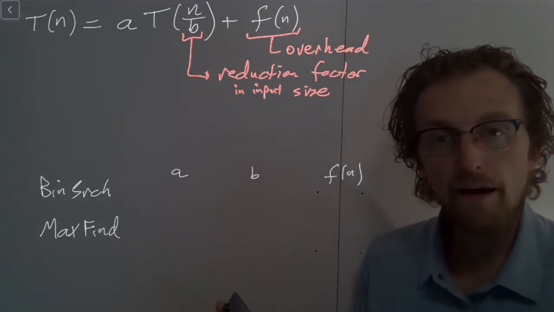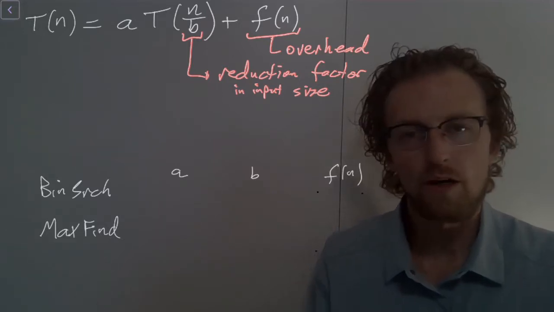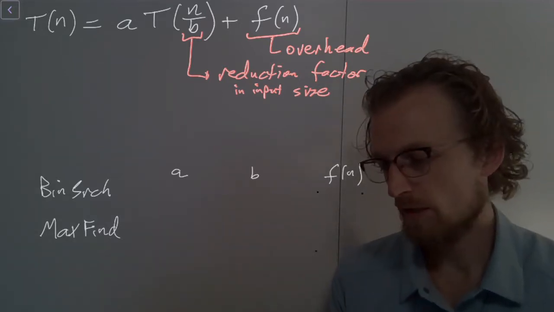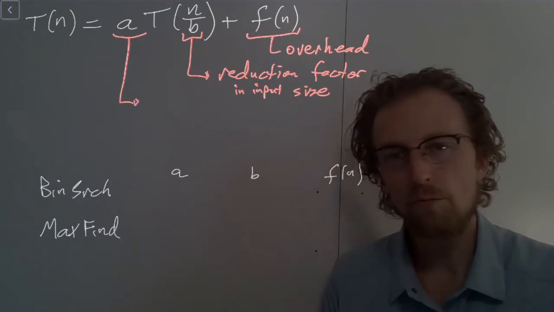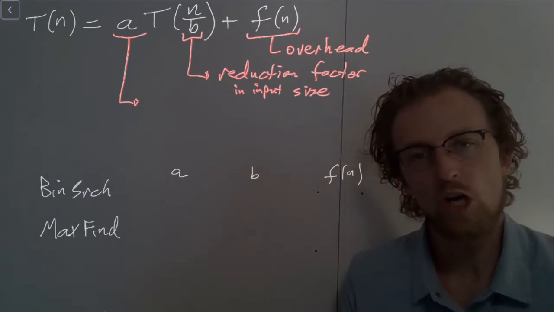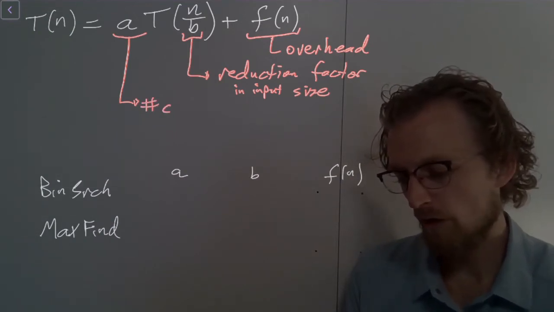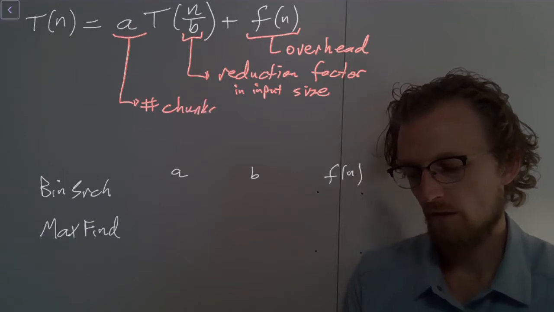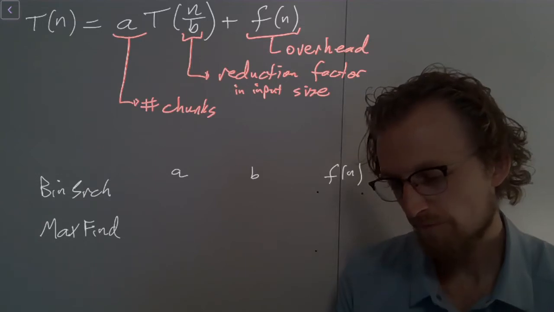If b is 5, that means we're cutting the input down to 20% of its original size. And then last, the a, you can think of as the number of recursive calls that need to be made, or perhaps the number of chunks that we break the problem into. So a corresponds to the number of chunks, to use the technical term in divide and conquer.